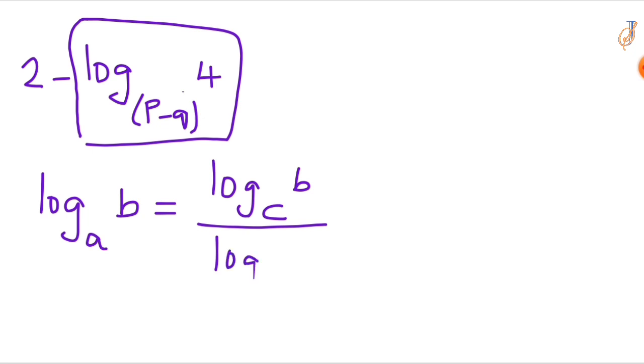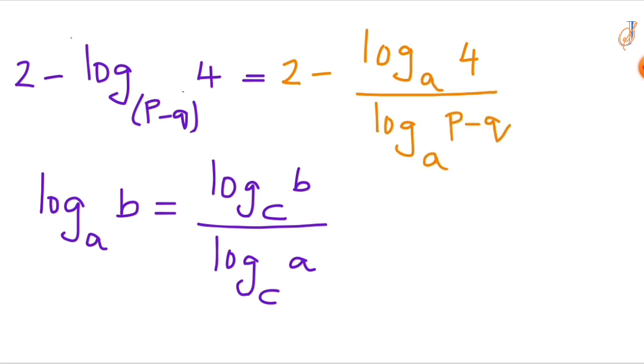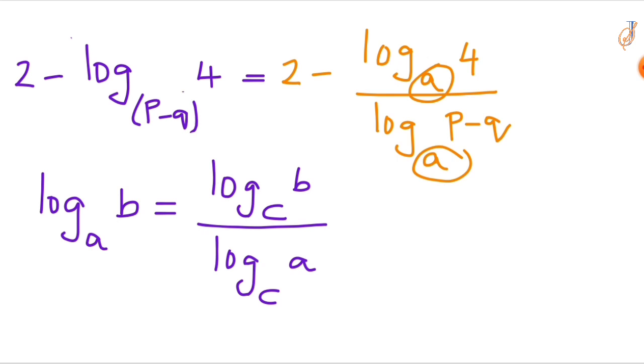Similarly, our term can be written as log_a 4 over log_a(p − q). Why am I taking base a? Because on the LHS we have base a, so it is easy to simplify at the end of the solution. That's why I am taking base a here.